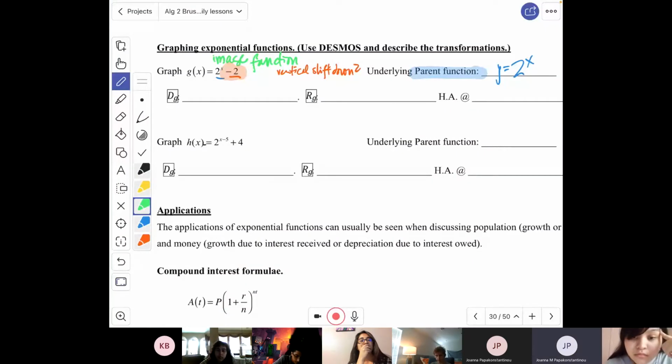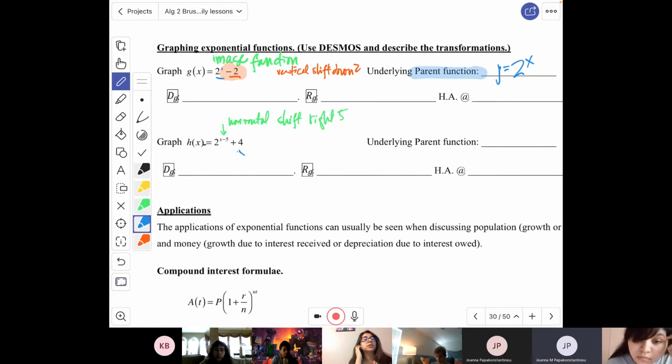There we go. So again, if we impact the X, we know that this is a horizontal shift. And since it's -5, it's shift right 5. This we know is vertical shift up 4. The parent function doesn't change. These transformations are what change the graph of the image function.